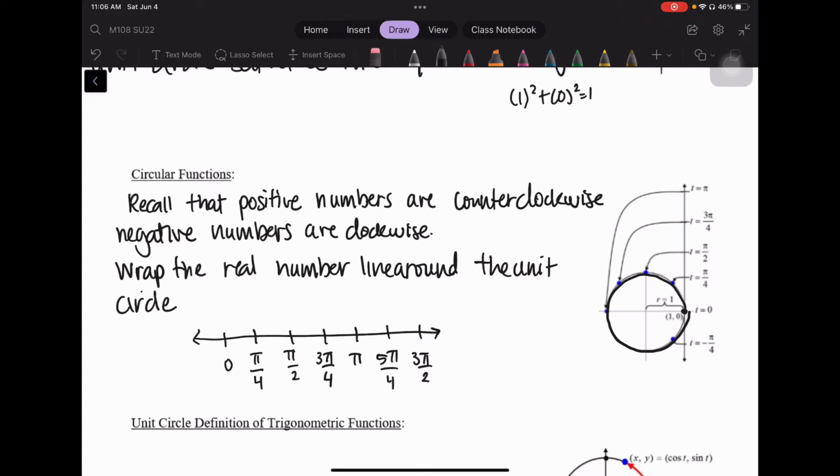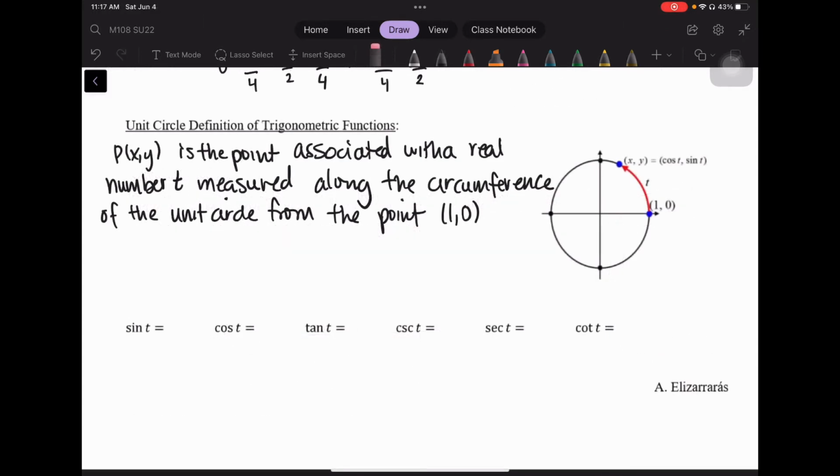We're going to let P be the point x, y that is associated with the real number t measured around the circumference of the unit circle. Notice the diagram on the right, we have defined these circular functions where x is equal to the cosine of t and y is equal to the sine of t. Well, think about the Pythagorean identity where you've got cosine squared plus sine squared equals 1.